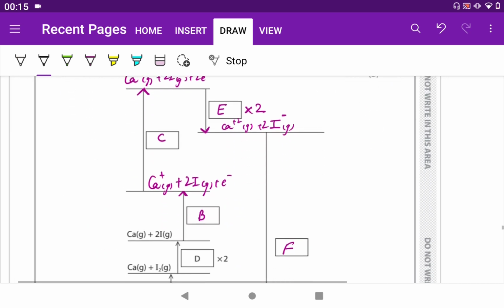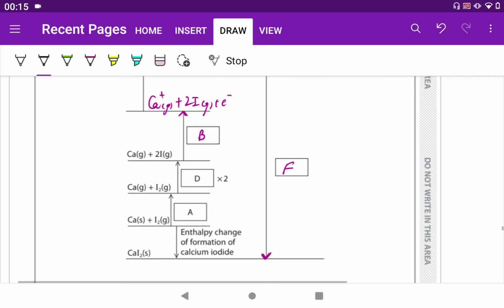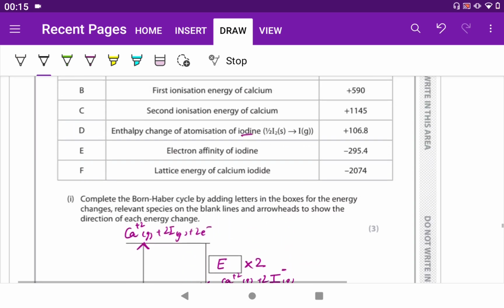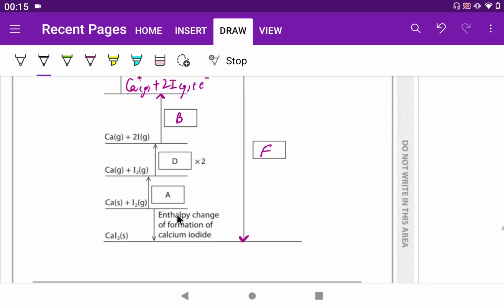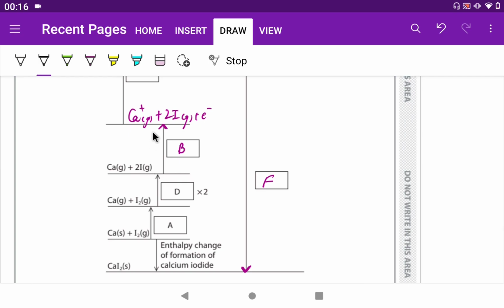So this is the table and we have to mark. So A, and what was A? A was the enthalpy change of atomization of calcium, correct? So this is D, and what is happening here?